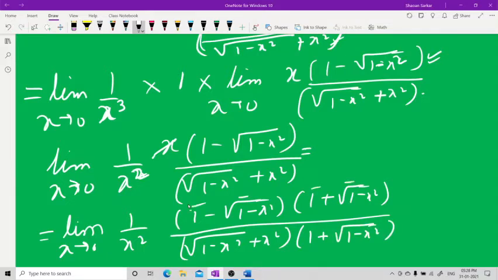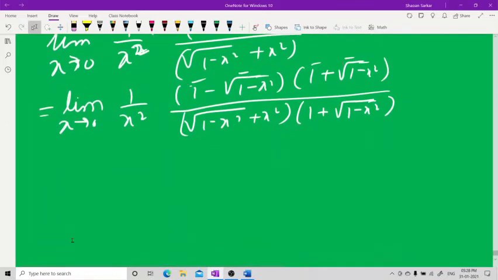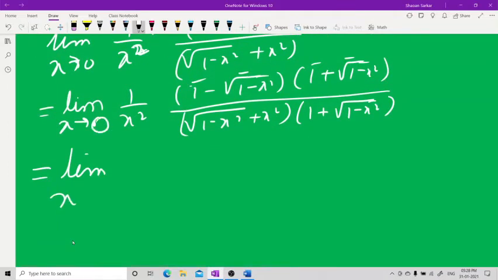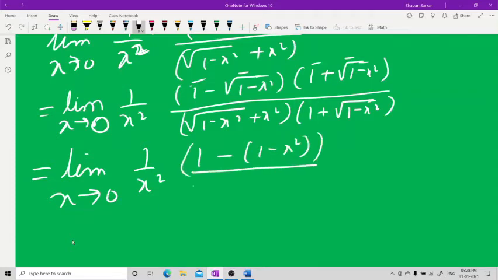So now this will become limit x tending to 0, 1 upon x square, 1 minus x square upon under root 1 minus x square plus x square into 1 plus under root 1 minus x square.